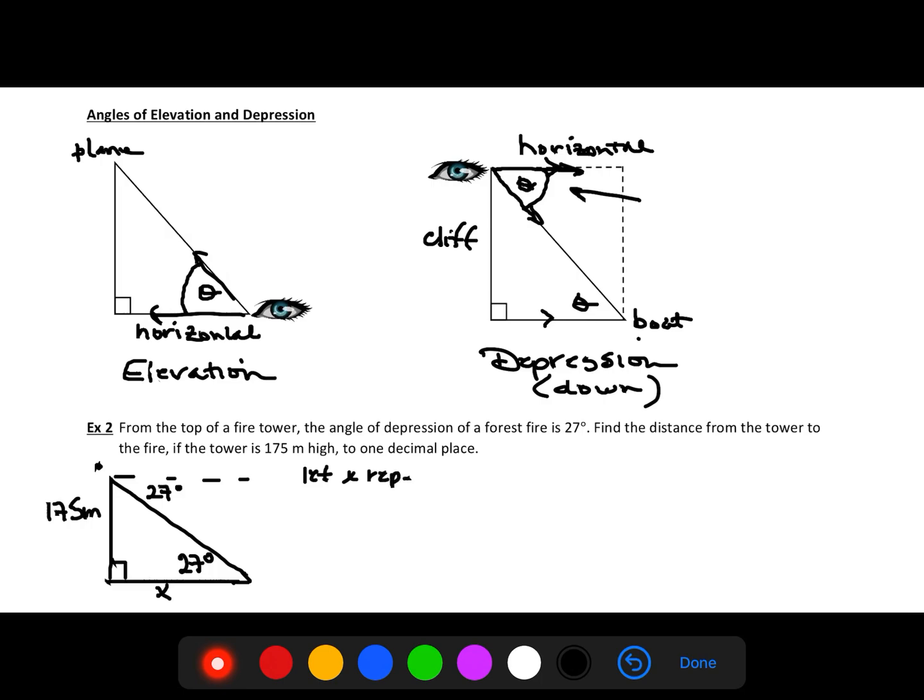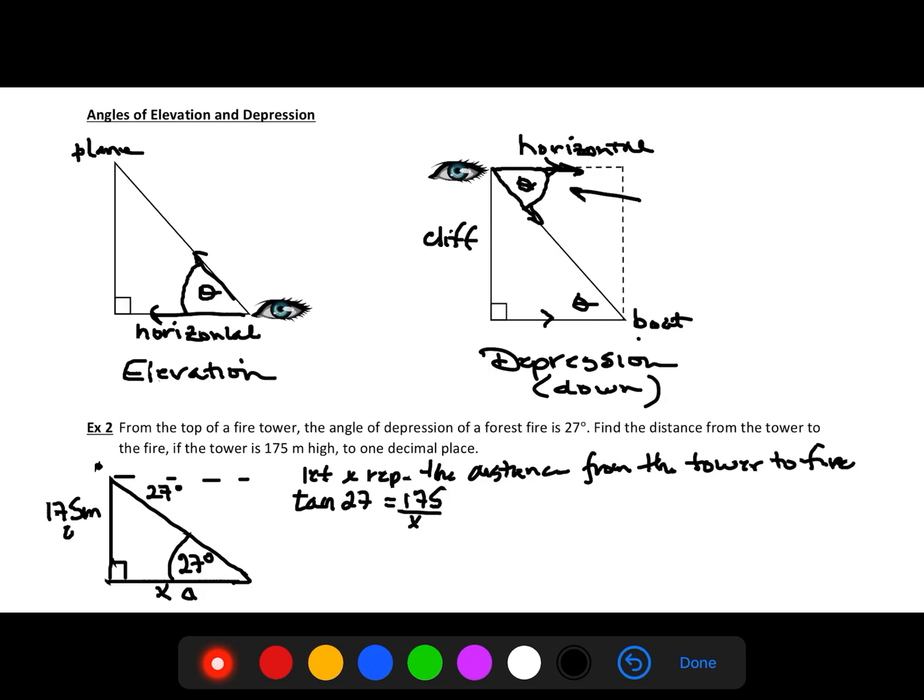And what we want to know is the distance from the fire to the tower. Well, we always say let x represent, we always want to say what the variable is, the distance from the tower to the fire. Now, we look at given angle. We know our opposite. We're looking for adjacent.